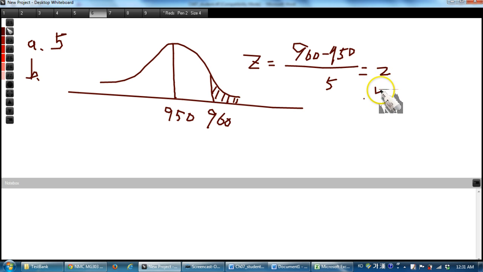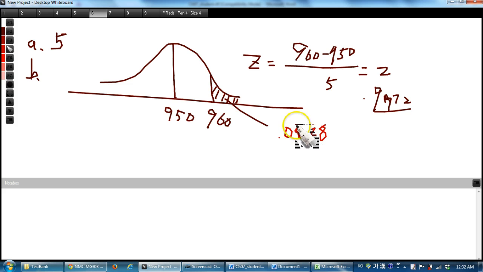That is the 0.72. Okay, so this area will be likely equal to 1 minus this one. So that one, different color, that is 0.0228, like that.